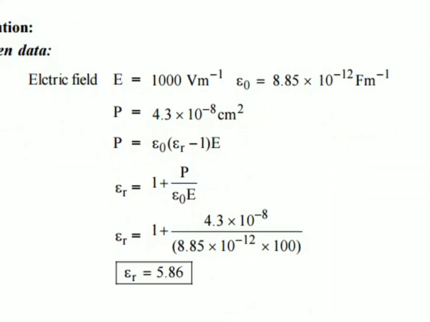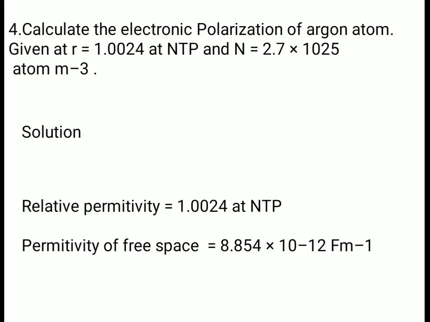And the next problem is, calculate the electronic polarizability of argon atom when the relative permittivity is 1.0024 at NTP, and here the N value is 2.7 into 10 power 25.